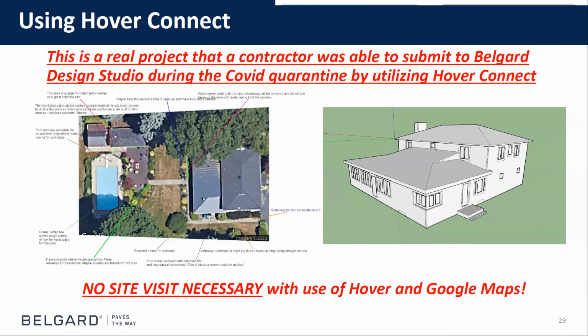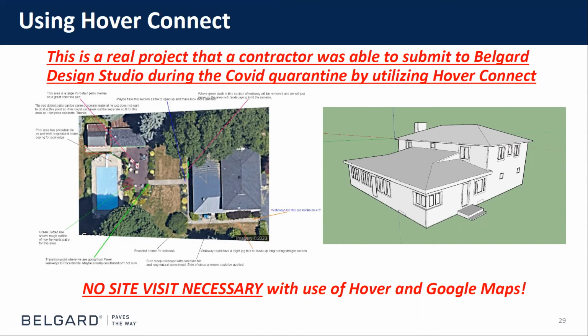So here's a very quick demonstration of a contractor, actually on our advisory council, who submitted a project, and he never even stepped foot on the property. He went onto Google Maps, threw some labels on there, had the homeowner go on to Hover Connect and do the whole process.